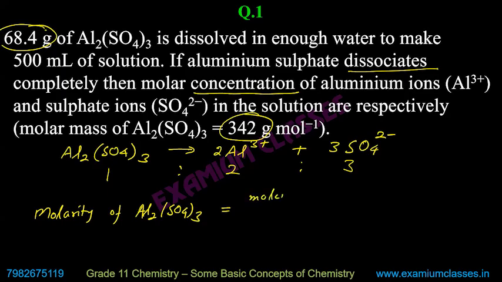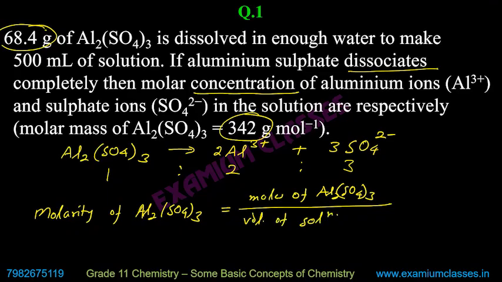So moles of aluminum sulfate divided by volume of solution. Moles of aluminum sulfate will be mass over molar mass, divided by volume. So we will say mass is 68.4 divided by molar mass 342, divided by volume of solution in liters.